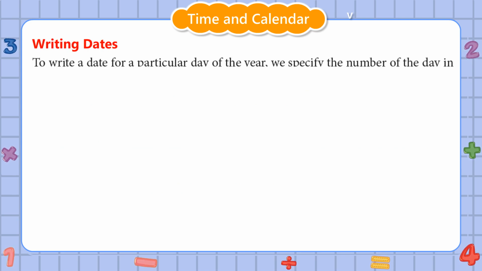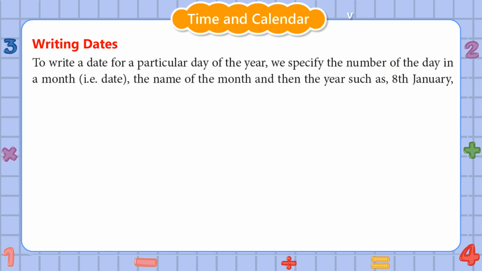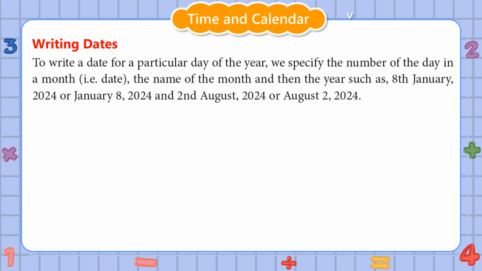Writing dates. To write a date for a particular day of the year, we specify the number of days in a month. That is, date, the name of the month, and then the year, such as 8th January 2024 or January 8, 2024 and 2nd August 2024 or August 2, 2024.